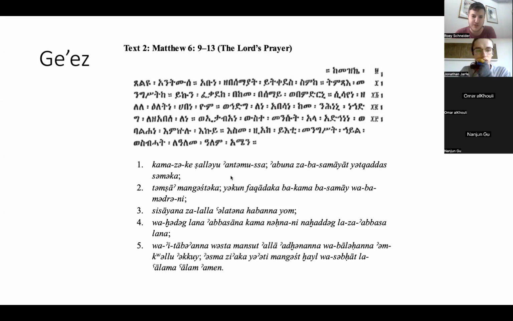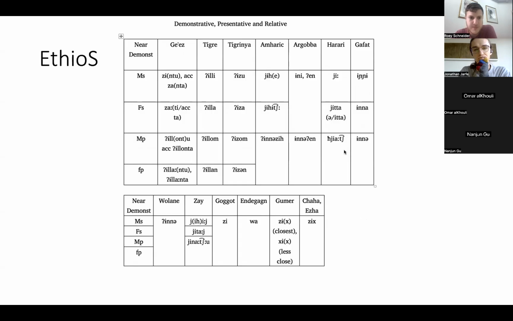Yitqaddas also in the Jussive of the DT. Timtsa mangistika, so may your kingdom arrive, and so on. We don't have to do the whole thing. I hope I have convinced you that Ge'ez is not that difficult.